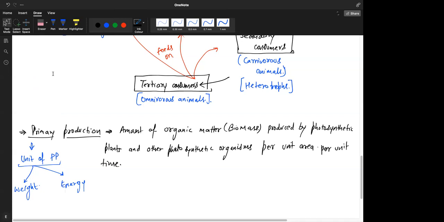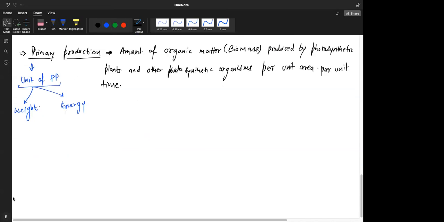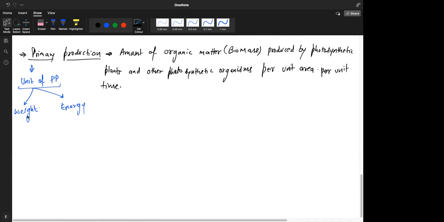Yes, sir. So if I express the primary production in terms of weight only, I will use here some 101 physics. You have studied the chapter units, right? Do they teach you about units, how to find units of different quantities? Yes, sir, last year. Okay, so you must be knowing then.